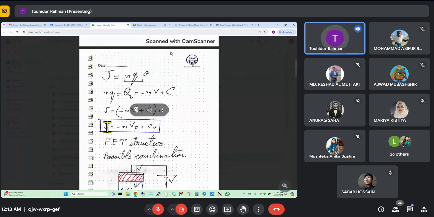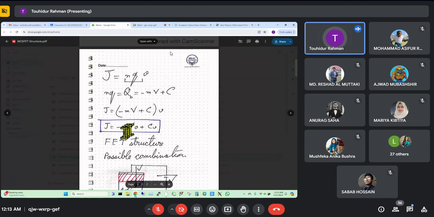J is the current density. This is voltage, and we can say MV is equal to conductance. We have a minus sign here because of the electron. We are considering electrons only. That's why we have the minus sign.